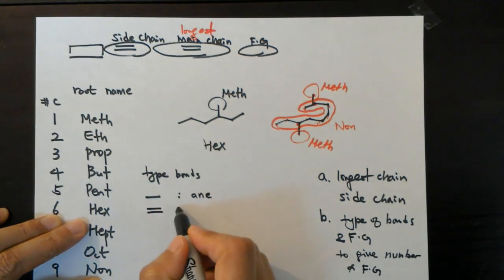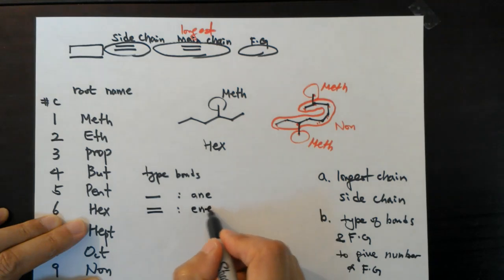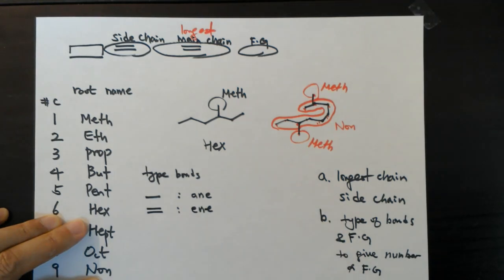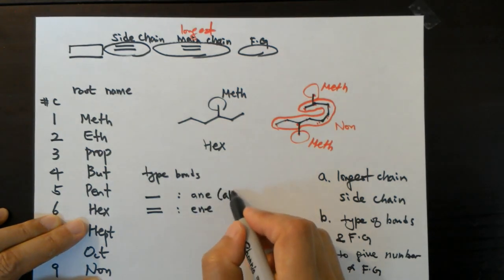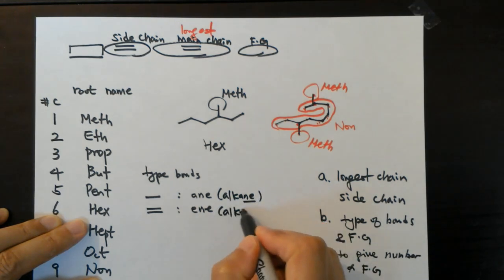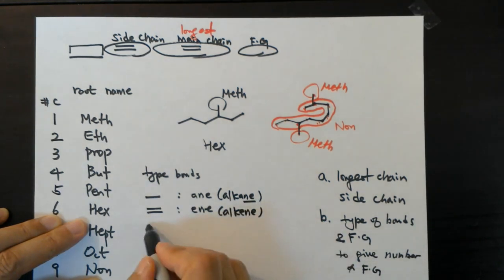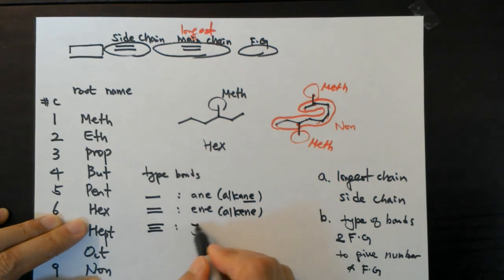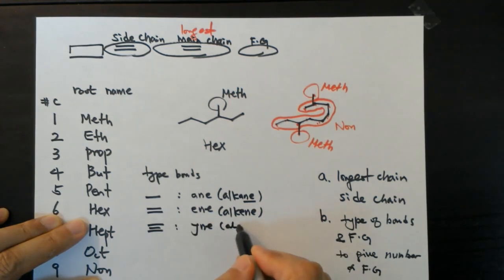For the double bond, you give E-N-E because it means it's alkene. And A-N-E for alkane. So the name comes from alkane and alkene. And triple bond, you give Y-N-E because it is alkyne.